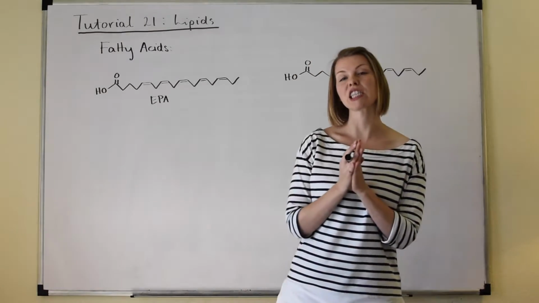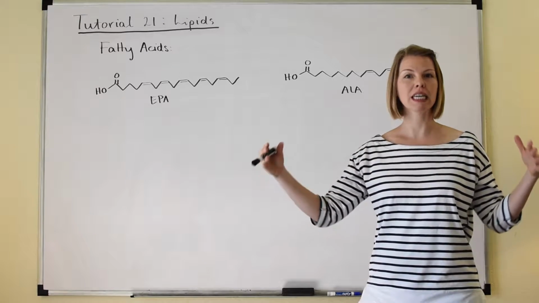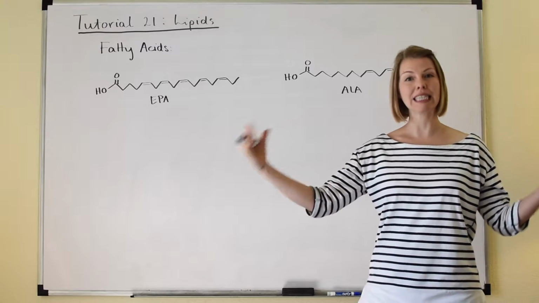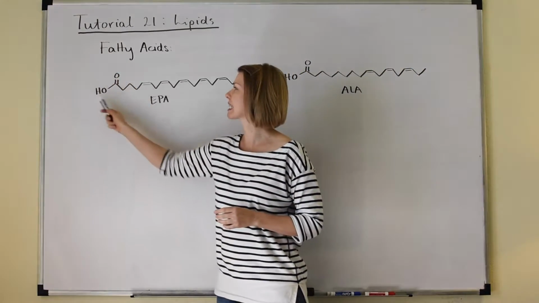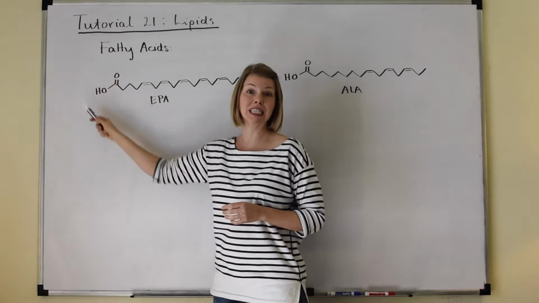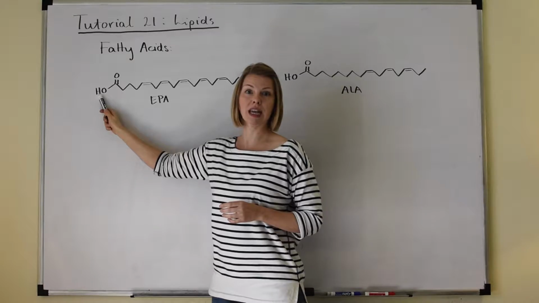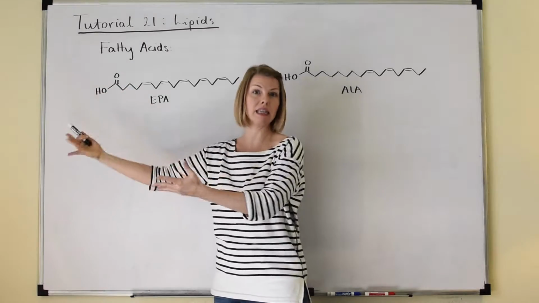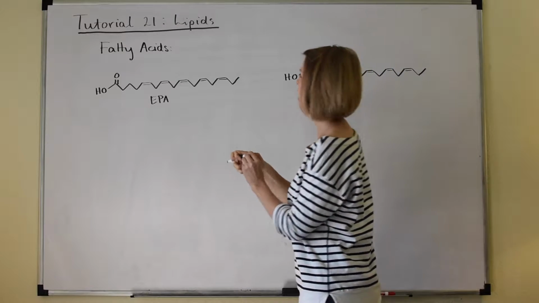Okay, fatty acids. Fatty acids will have a long hydrocarbon chain, sometimes referred to as the tail, attached to a carboxylic acid. Remember that this functional group is called a carboxylic acid. It has a carbonyl with an OH on one side, and that hydrogen will be acidic, so carboxylic acid. So let's write up here under fatty acids.